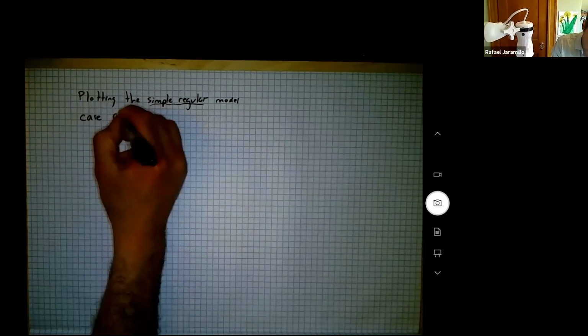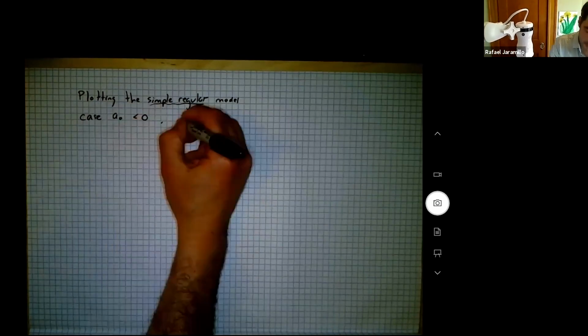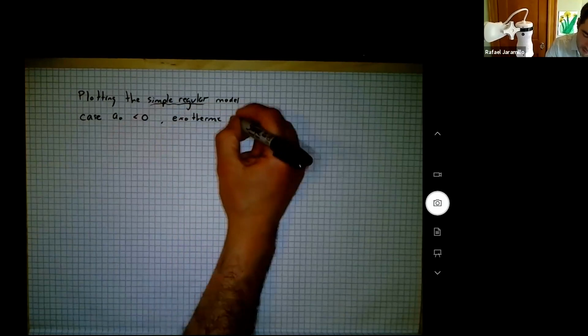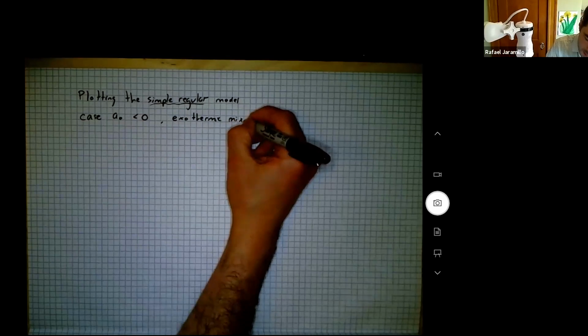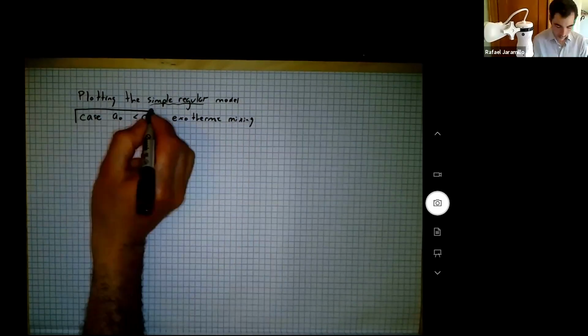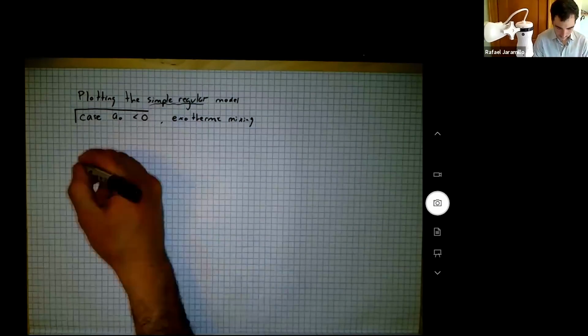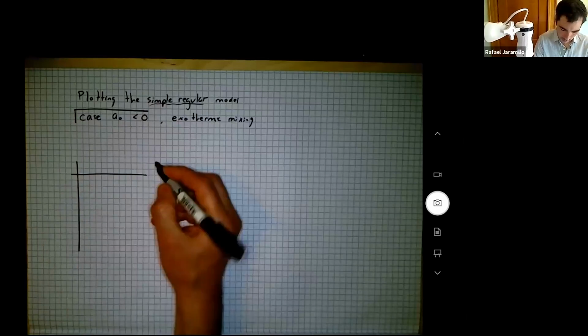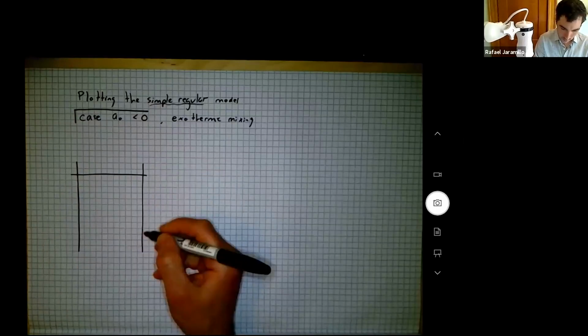A naught less than 0, exothermic mixing, we have delta H mix.